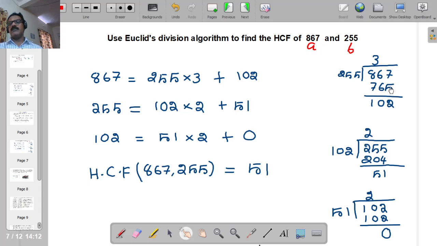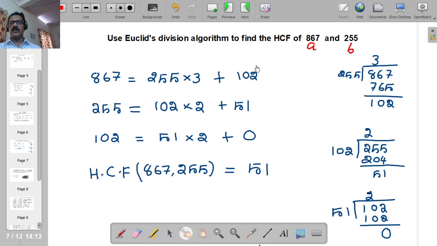Okay, we subtract 765 from 867, resulting in 102. So we got the quotient as 3 and the remainder as 102. So 867 is equal to 255 times 3 plus 102.